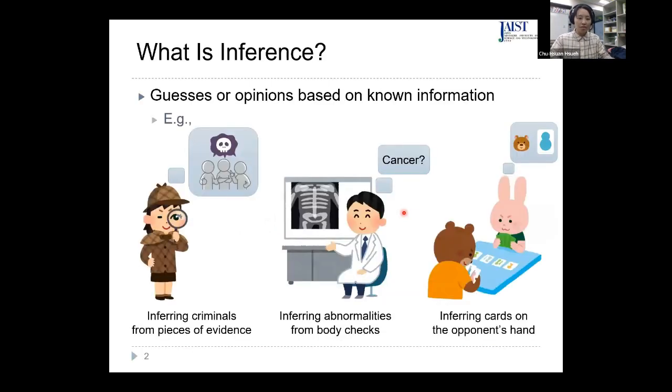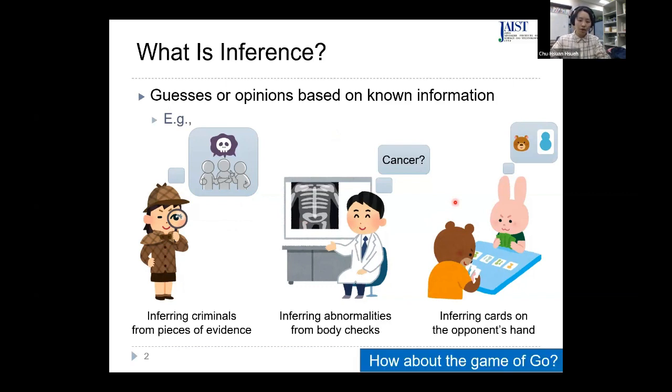First, inference means guesses or opinions based on known information. For example, detectives try to infer criminals from pieces of evidence, and doctors try to infer abnormalities from body checks. Inference also takes place in games. A typical example is card games, where sometimes we need to infer the cards in the opponent's hand.